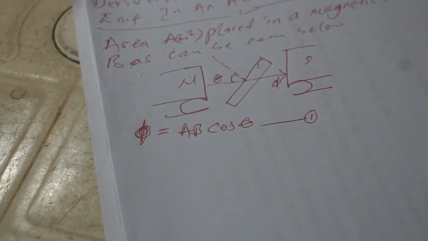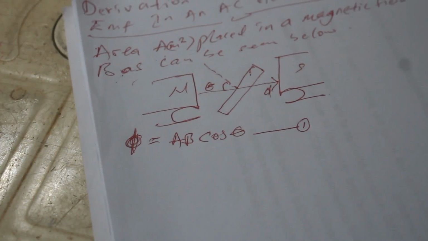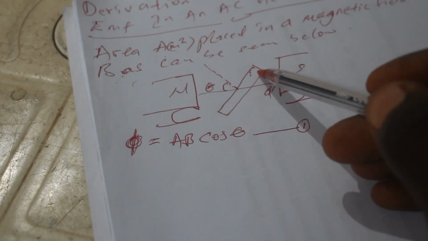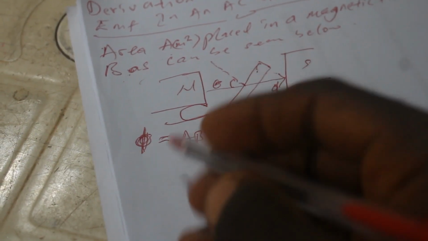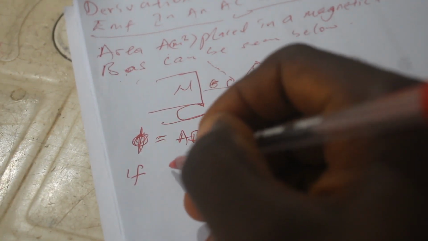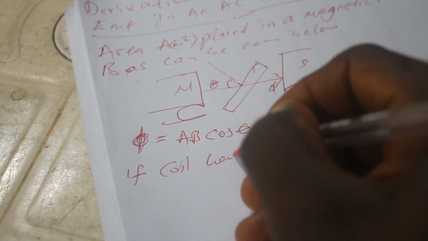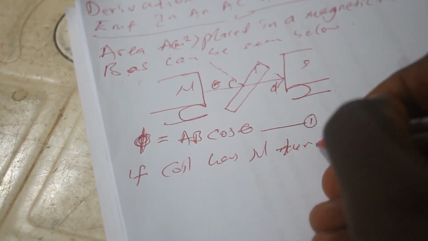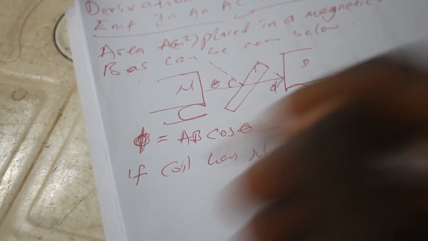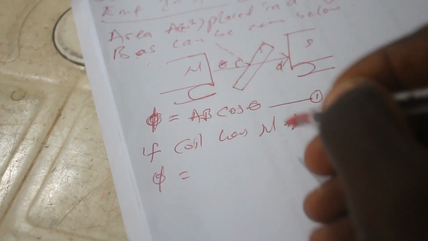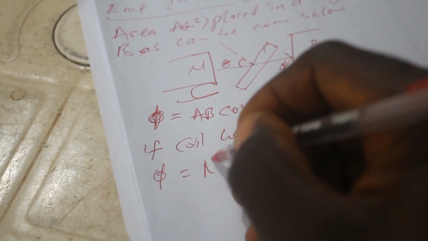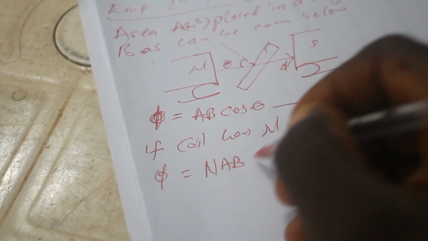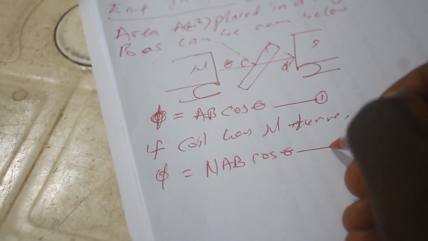Now, if the coil has N turns, equation 1 becomes phi is equal to NAB cos theta. Let's call this equation 2.